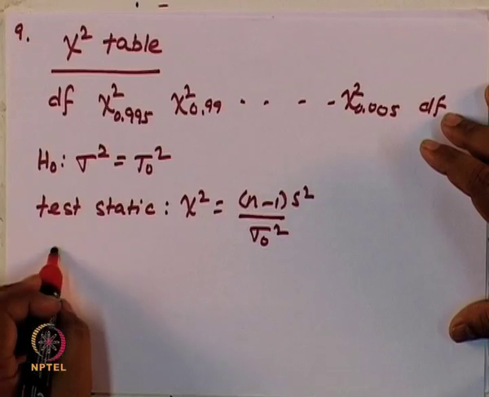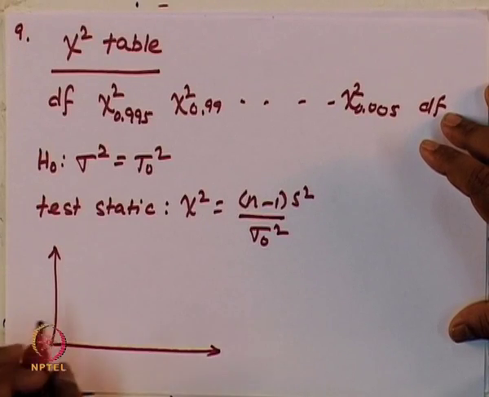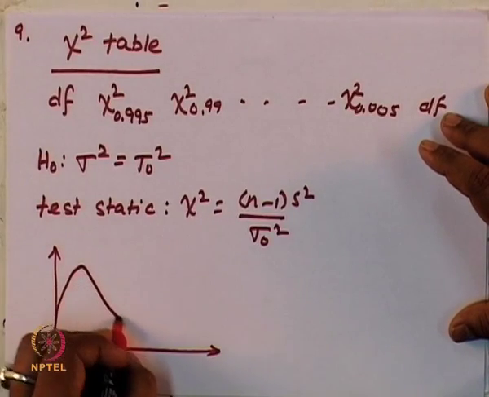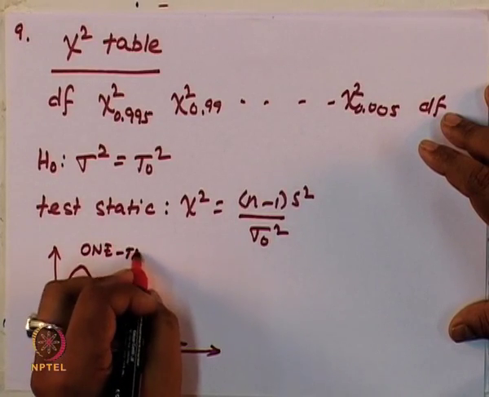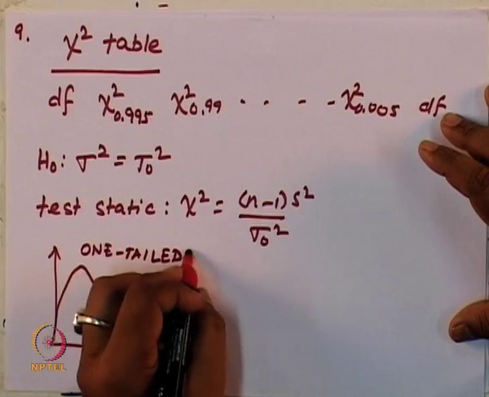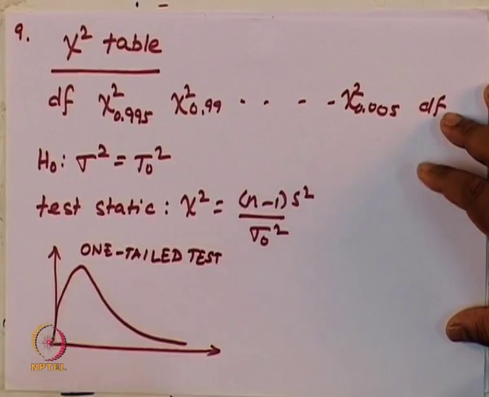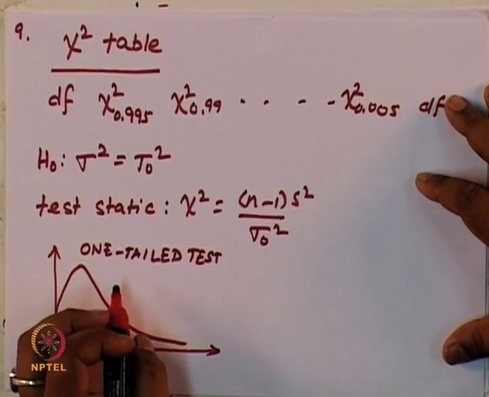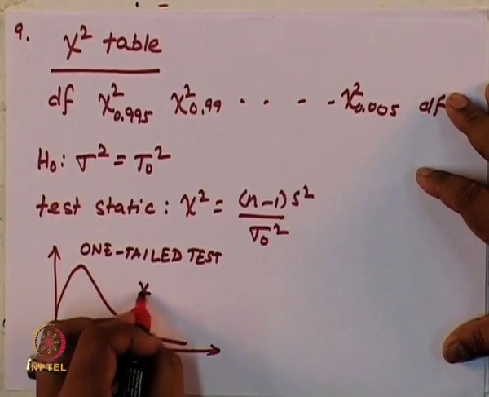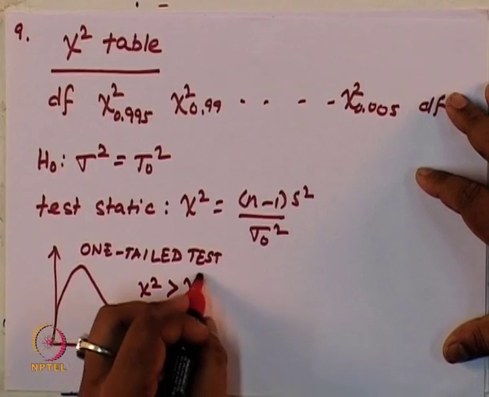For a one-tailed test, your hypothesis is not true if your chi-square is greater than chi-square of alpha.